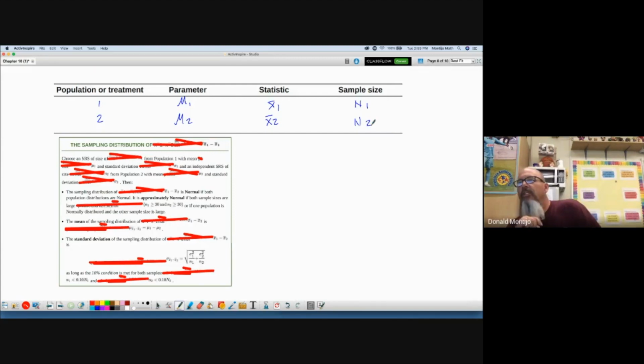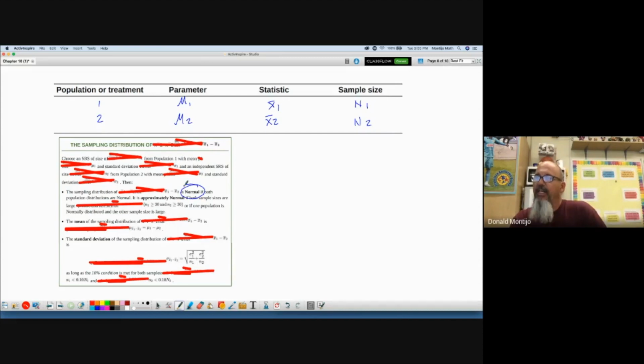Okay. What does this sampling distribution look like? Well, the data is approximately normal by the central limit theorem. Okay, so how do we know if it's normal? How do we know we can use z-scores in our favorite picture?